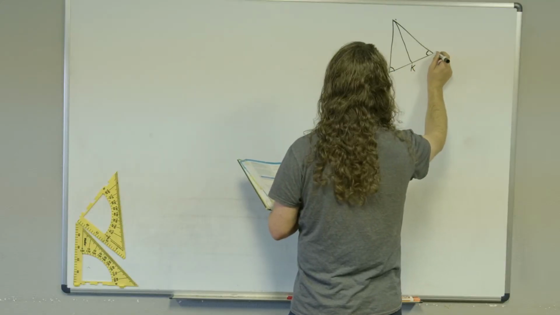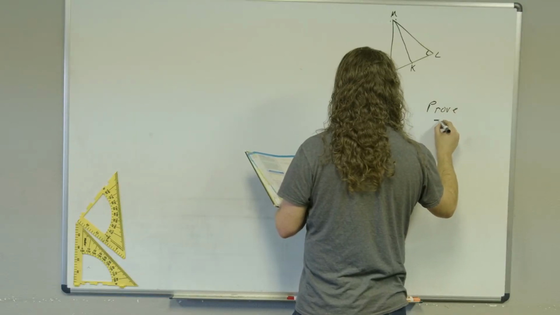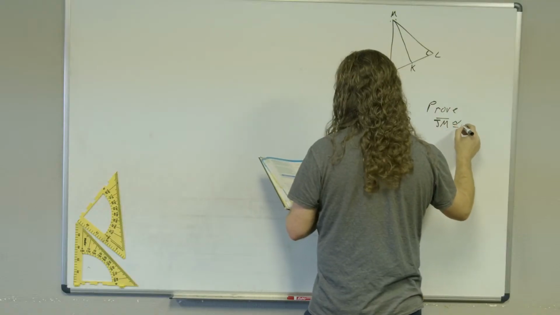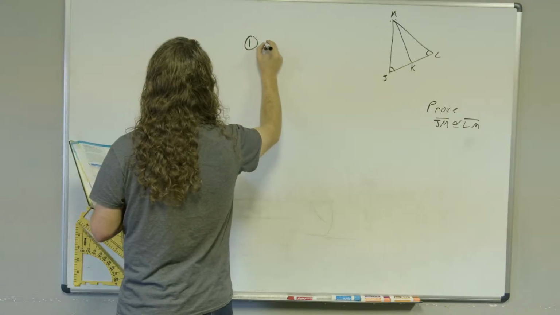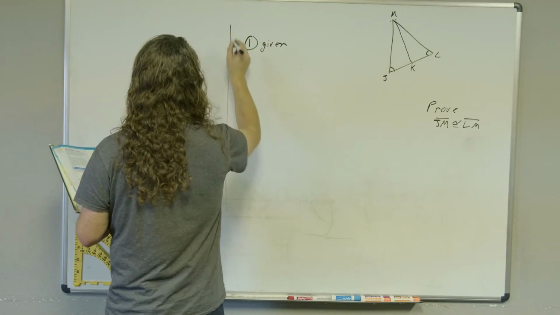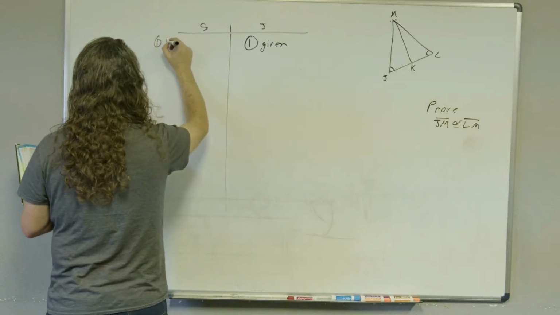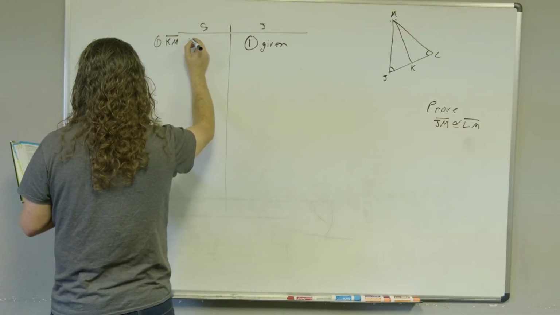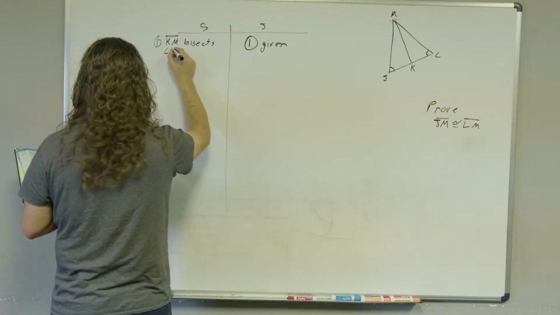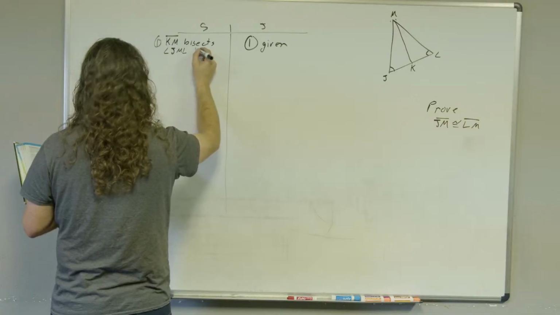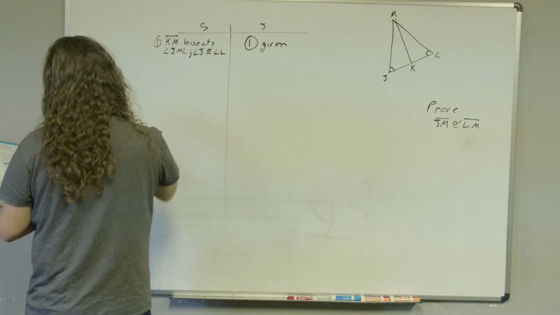J, K, L, and M. And we're supposed to prove that segment JM is congruent to segment LM, and we are given that segment KM bisects angle JML and angle J is congruent to angle L. Great.